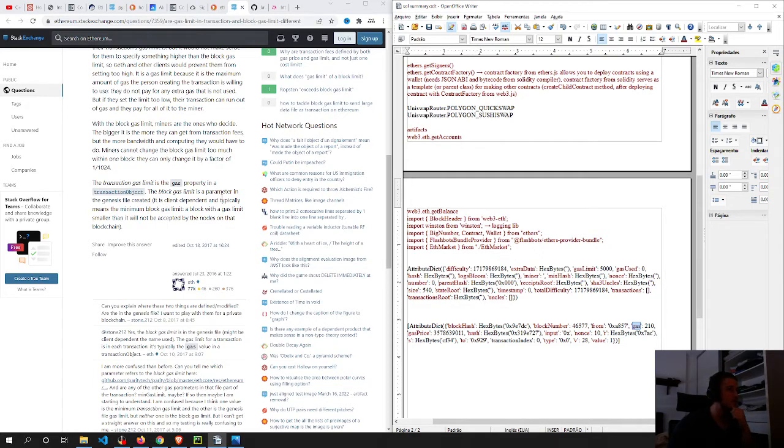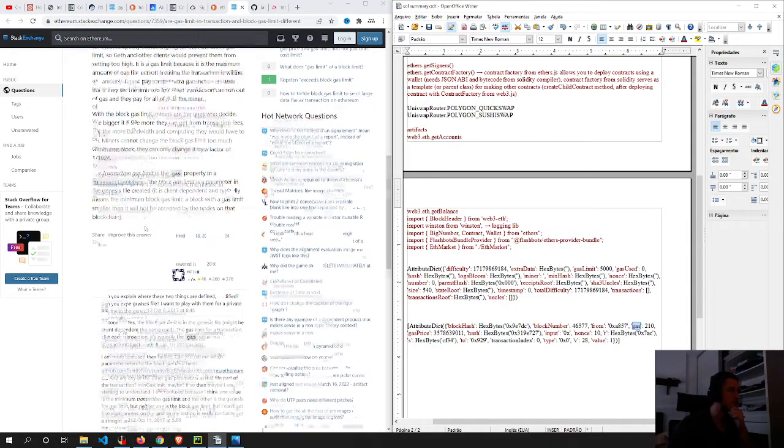The block gas limit is a parameter in the Genesis file created. It is client dependent and typically means the minimum block gas limit. A block with a gas limit smaller than it will not be accepted by the nodes on that blockchain.